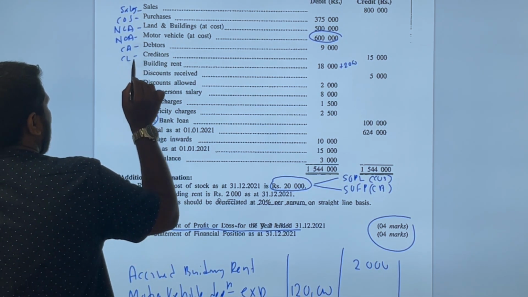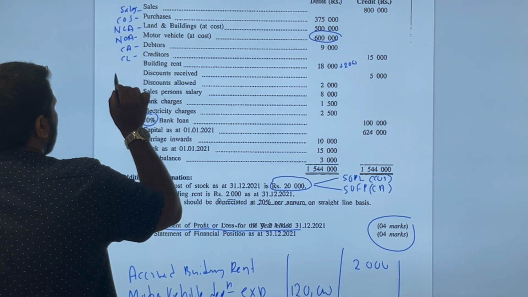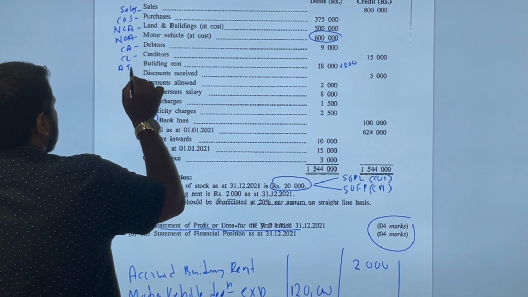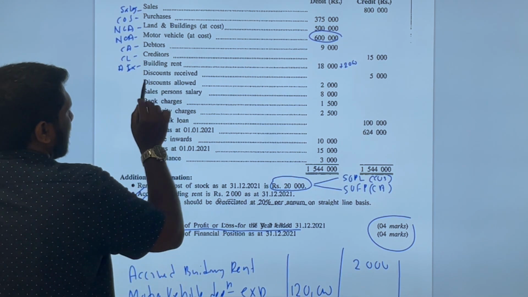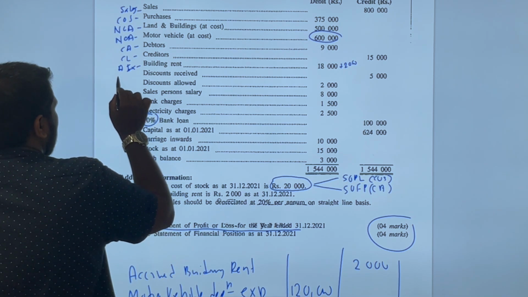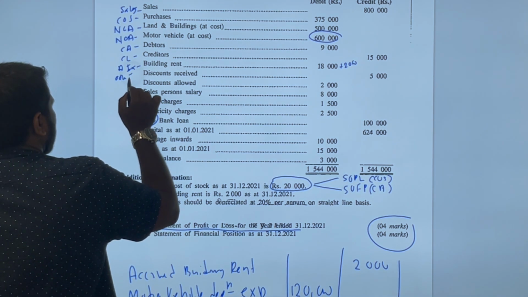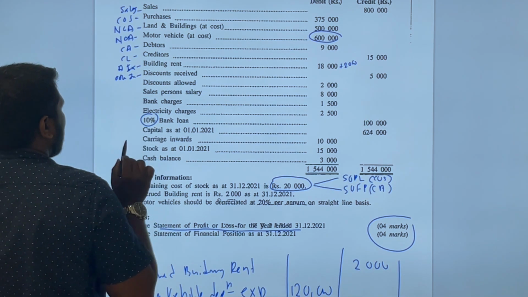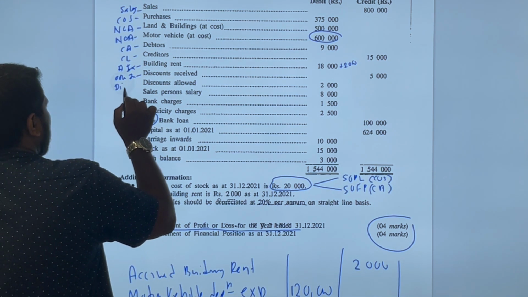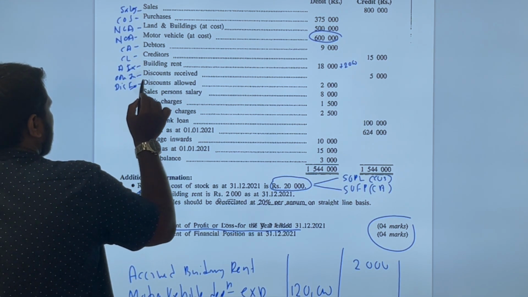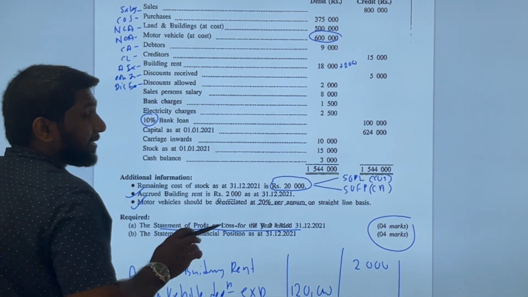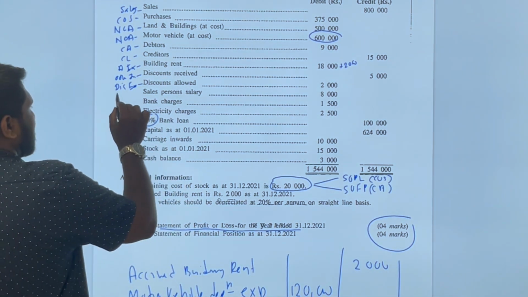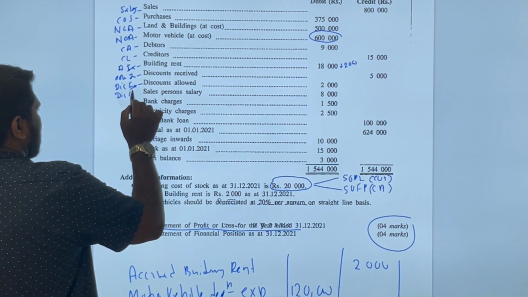Creditors, current liability. Building rent, admin expense. Discount received, it is other income. Discount given or discount allowed, distribution expense.